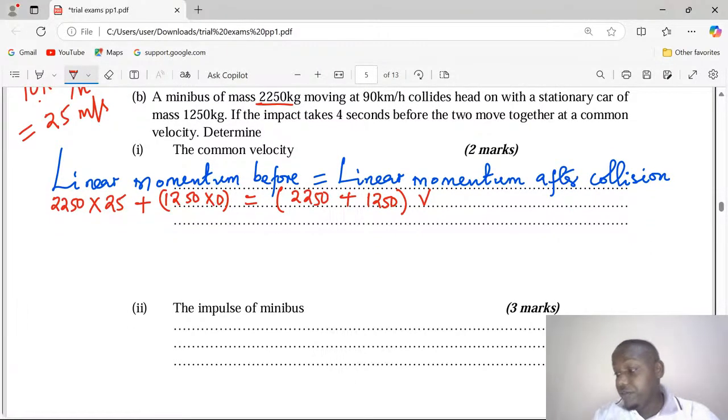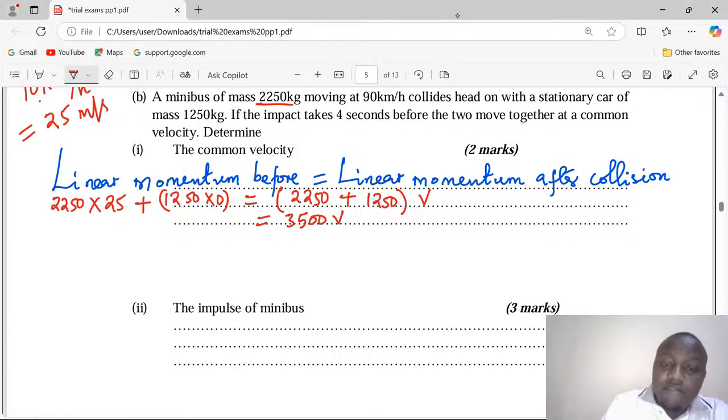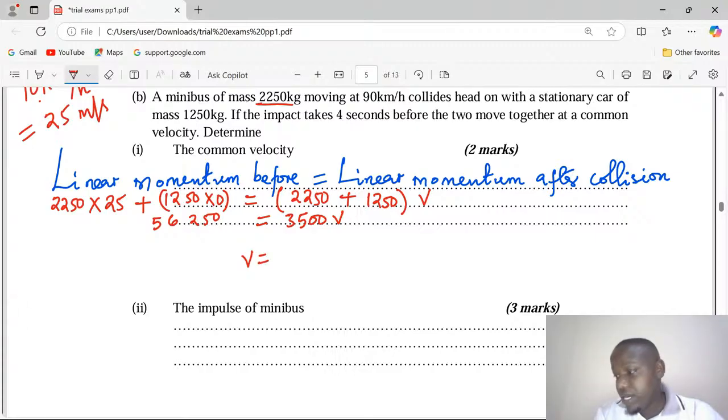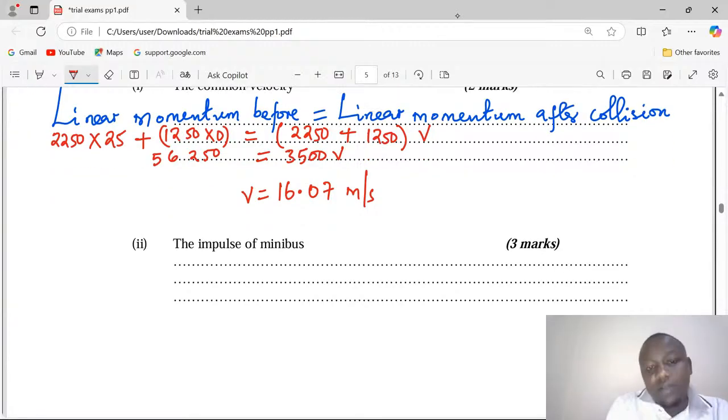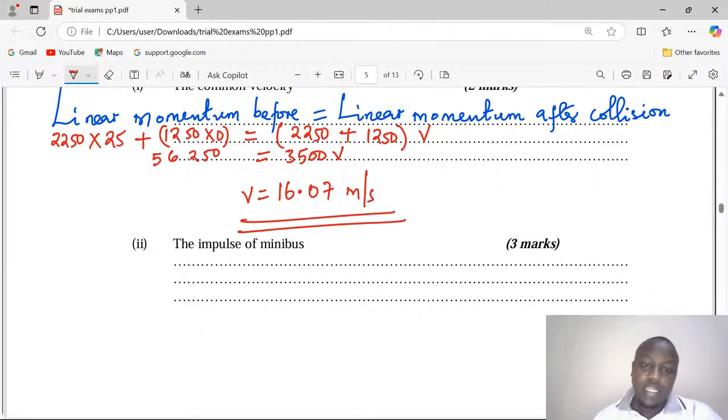So 3500 times V equals, when the other side is computed, 56,250. So to remain with V, you divide through, and this will give us exactly 16.07 meters per second. So that is the common velocity.